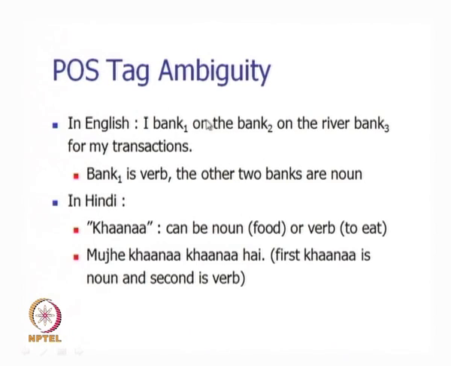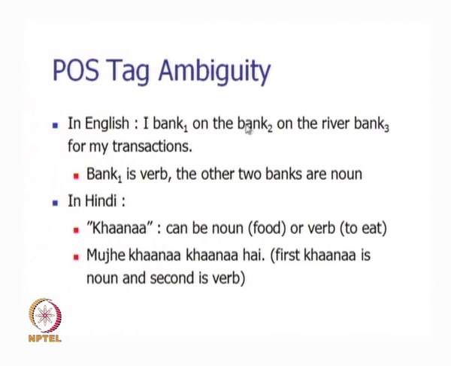So, the first level disambiguation task, which is executed through part of speech tagging, is the disambiguation of categories. This first bank is verb, other two banks, bank 2 and bank 3 are nouns. Now, this disambiguation is simple, but crucial for subsequent stages. Another disambiguation which will have to be effected is the disambiguation of bank 2 and bank 3.